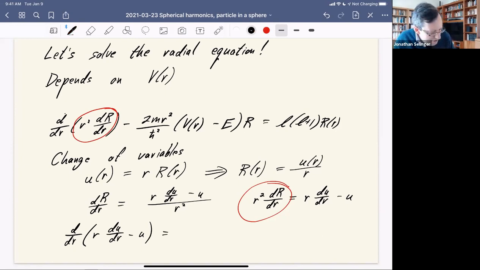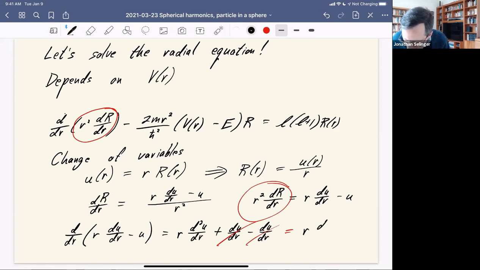Here we can use the product rule: the first times the derivative of the second plus the derivative of the first times the second, and then minus du dr. Oh, cool, those things cancel. So this is equal to just r times the second derivative of u.